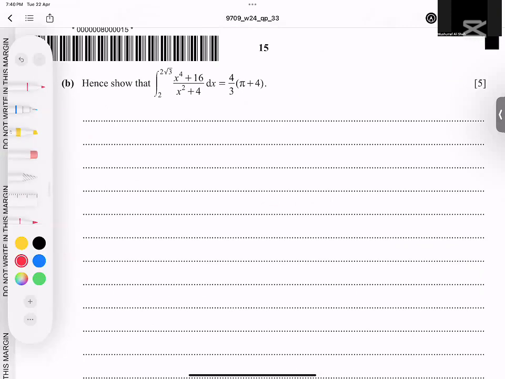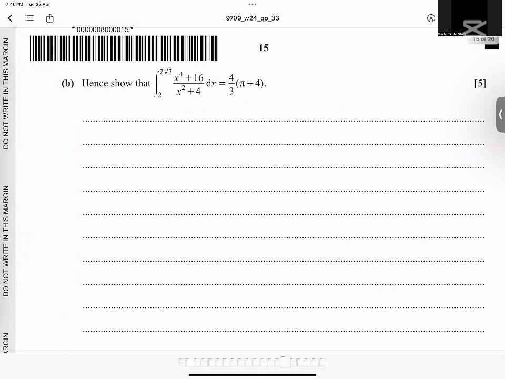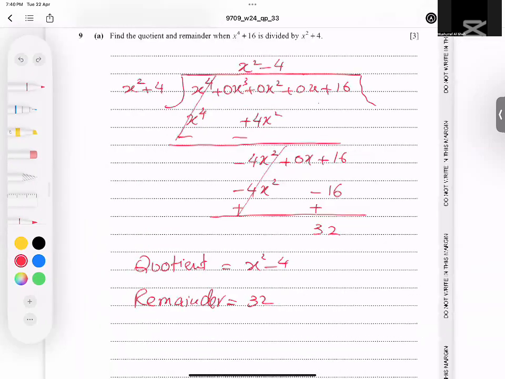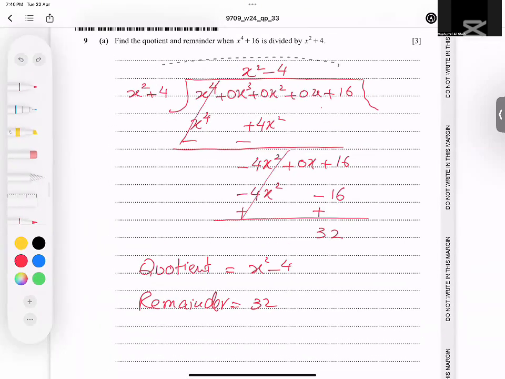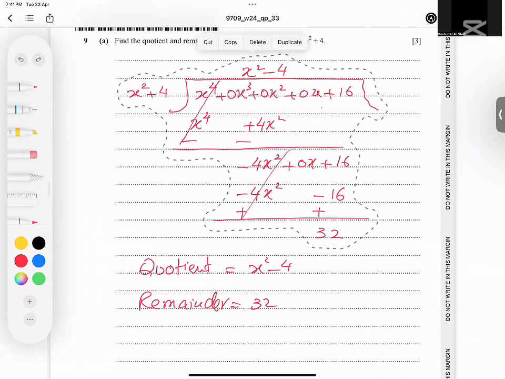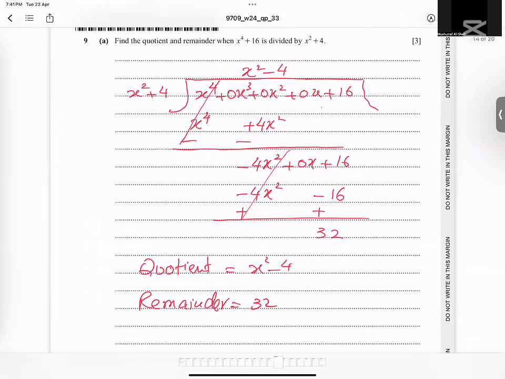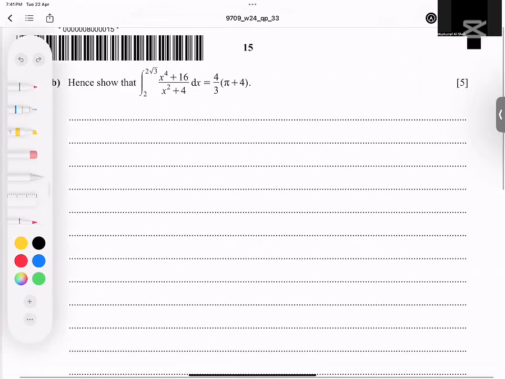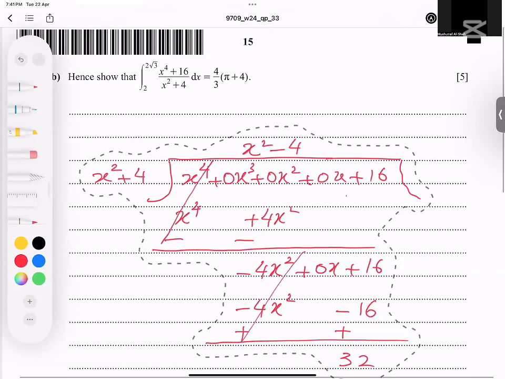The next part of the question says to do long division, this one. If you look carefully, this is the same thing. So we have to go back, and just for the sake of understanding, I bring this on the other page for a while and explain to you the method to solve the question, how we can do it.